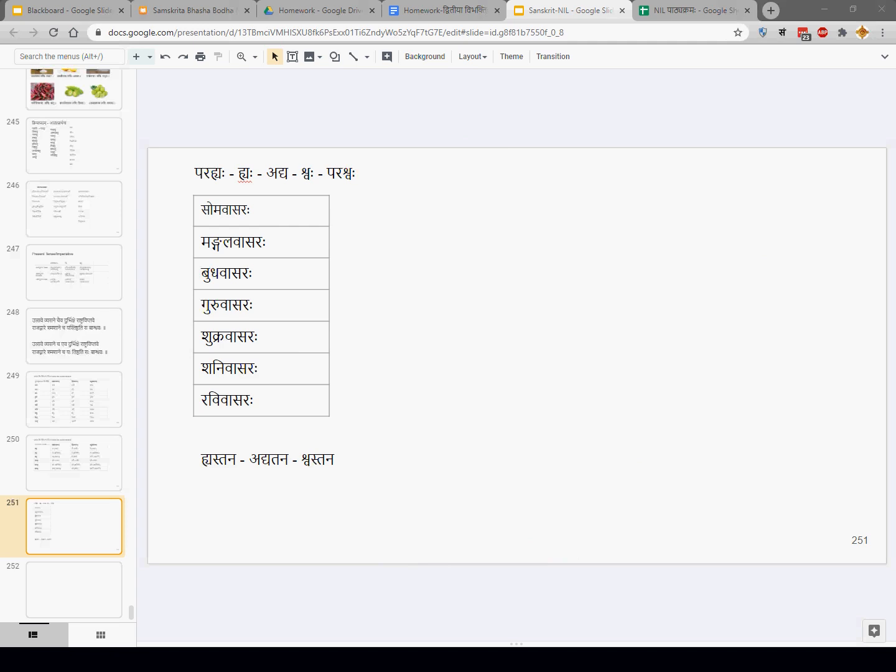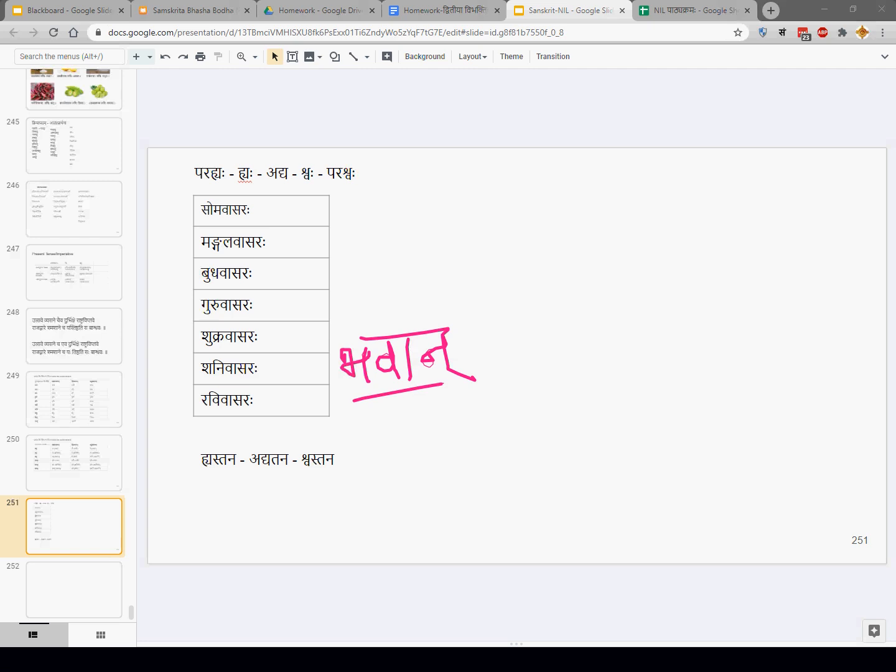So let's start with the Kriyapadam. Who wants to try this one? What is the Kriyapadam for read? Pathati. Bhavan, for you, we use Bhavan if it is a pullingam. So let's assume that we are asking your friend, who is a male.